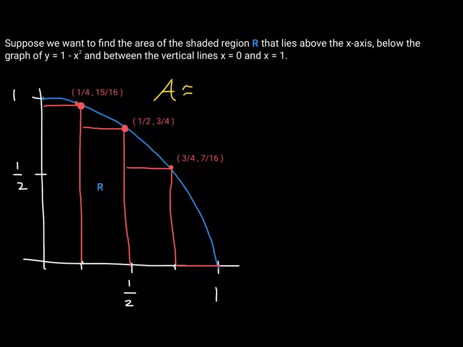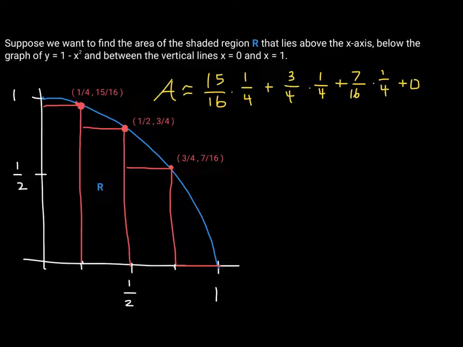Okay, so the area is 15/16, that's the height of the first rectangle, times the width, which is 1/4. The width of all of these rectangles is the same, which is 1/4. The height of the second rectangle is 3/4 times the width, which is 1/4, plus 7/16 is the height of the third rectangle times the width, which is 1/4, plus 0 is the height of the last rectangle, the fourth rectangle, times 1/4.